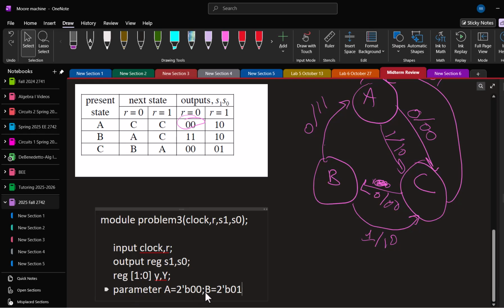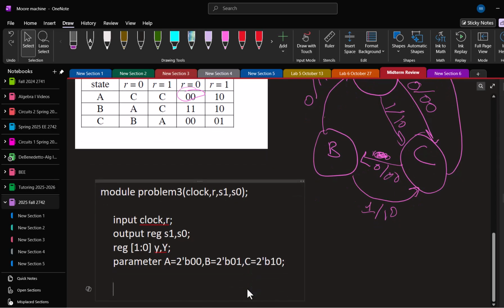That should be a comma, not a semicolon. Comma C equals 2'b10 semicolon. And then I will do always at lowercase y comma r. So that's going to have both my current state and my input.